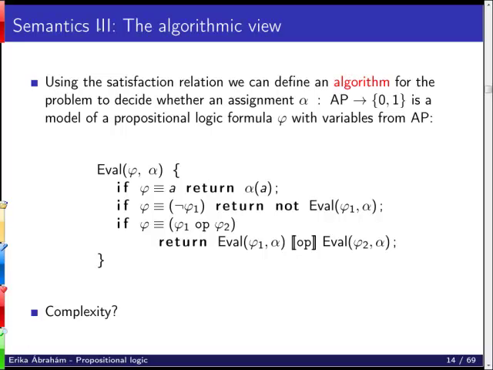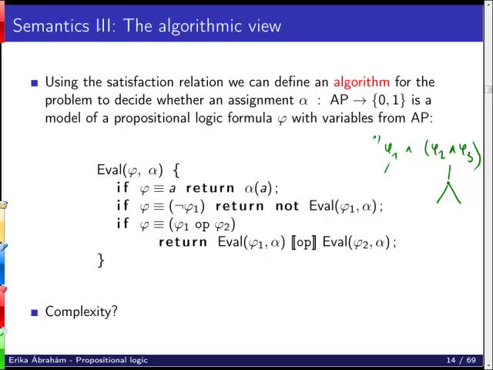Now if I have one nesting, that means I have 2 conjunctions in my formula. Let's say, okay, this is the first call. Then I have 2 further calls for this operand and for this operand. Then this is a conjunction, so I will have a call for phi 2 and phi 3.